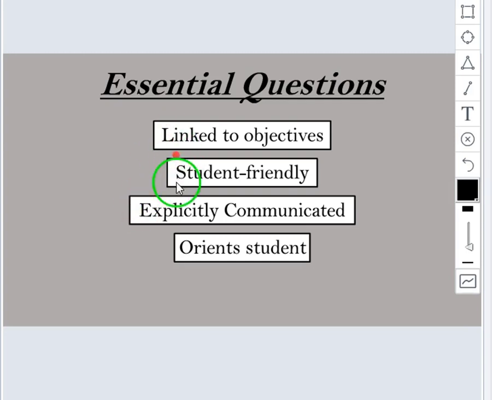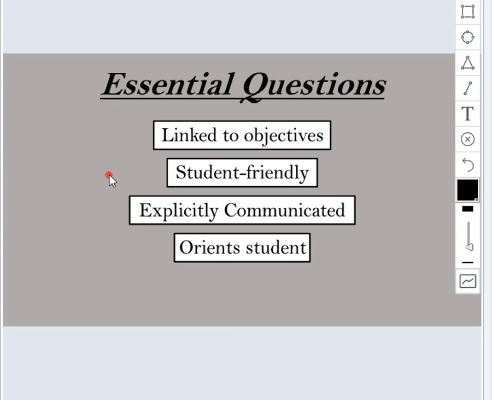All we're really doing here is taking the objectives and rephrasing them in the form of a question, and communicating them with our students, maybe through the syllabus or at the beginning of a lesson, or maybe you print them out on a little half sheet of paper and pass them out.